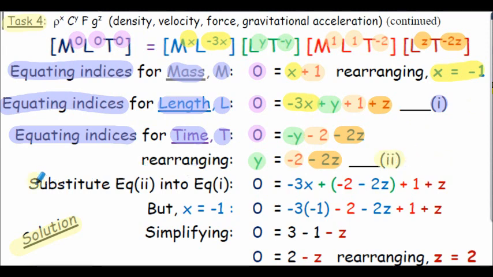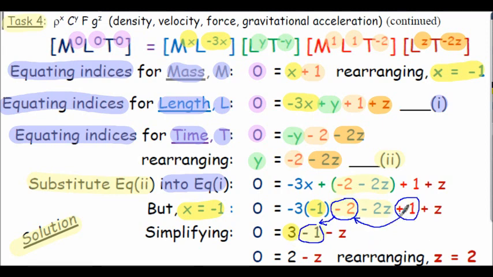So now if we substitute equation 2 into equation 1, here's equation 2 substituted into equation 1. Just remove the bracket here and inserted the value of x, because x is equal to -1 from above. So simplifying, negative 3 times negative 1 is positive 3, and here negative 2 plus 1 is negative 1, shown here.